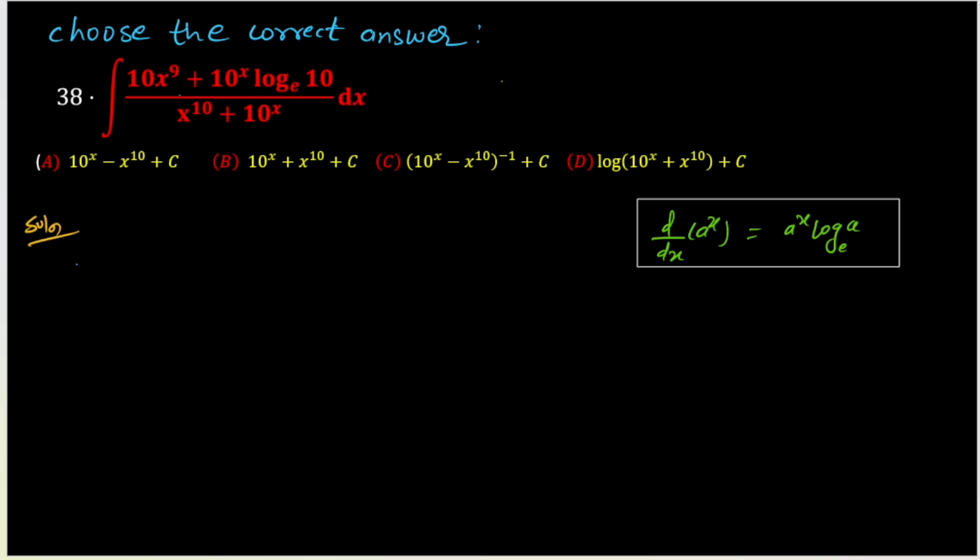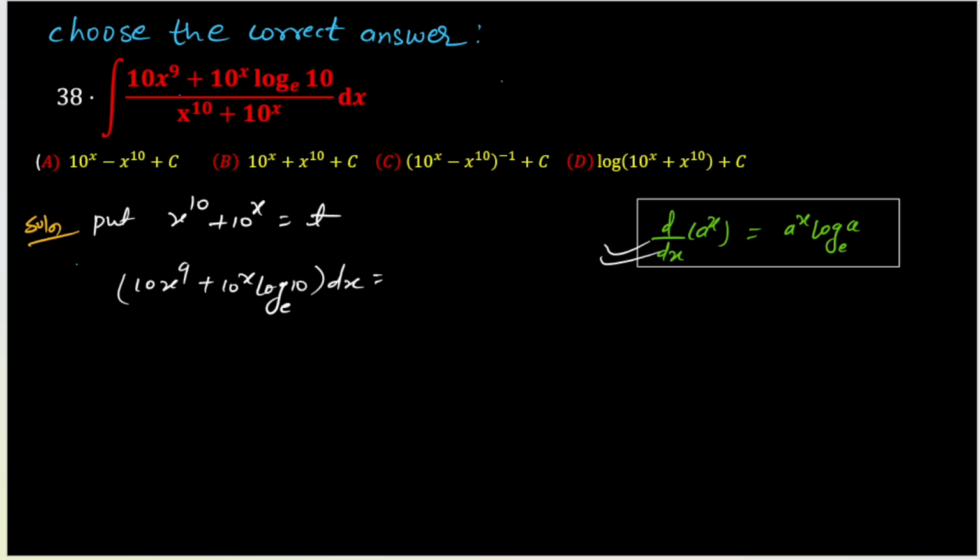So, solution: put x to the power 10 plus 10 to the power x equal to t. Differentiating with respect to x, we get 10 x to the power 9 plus 10 to the power x log e to the power 10, using the derivative formula. So dt is equal to that times dx, and therefore dx is equal to dt by 10 x to the power 9 plus 10 to the power x log e to the power 10.